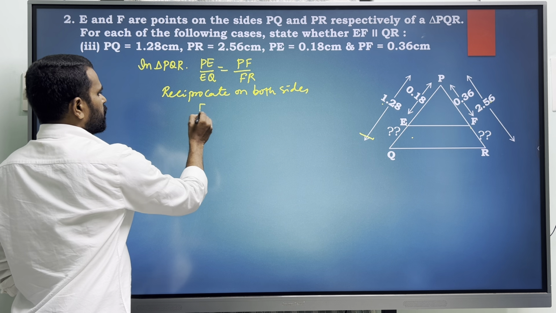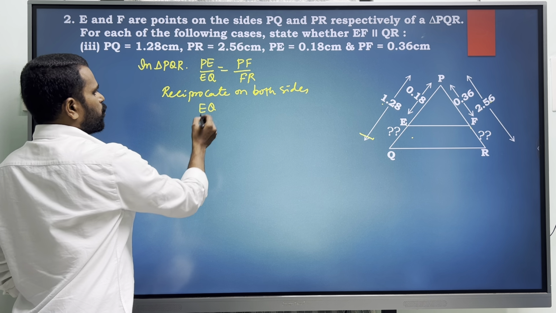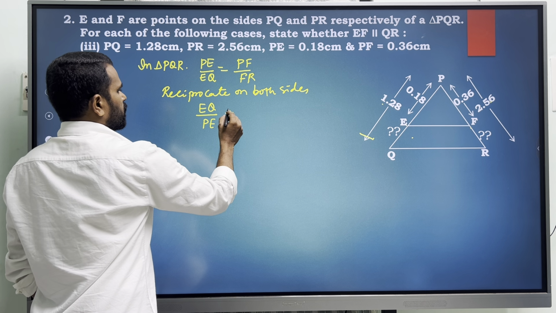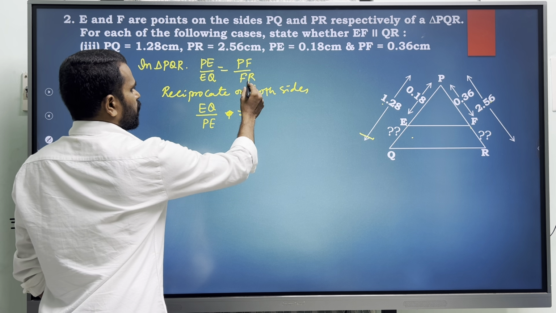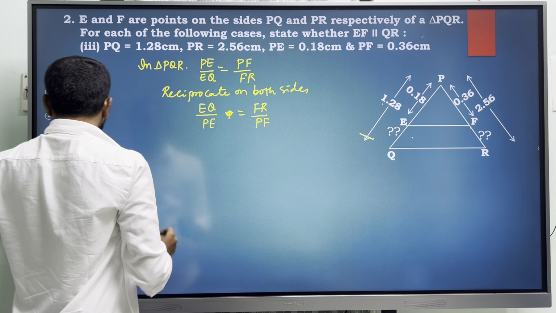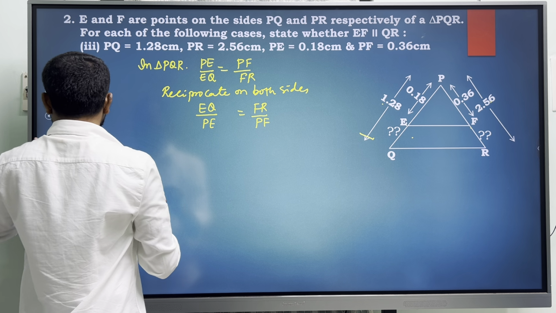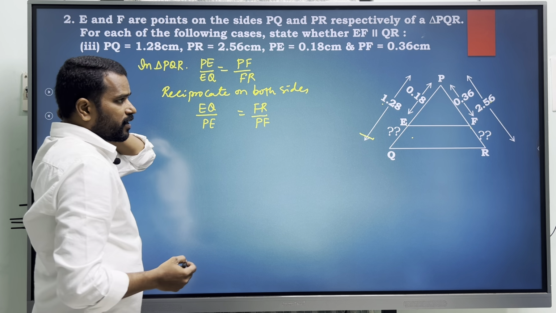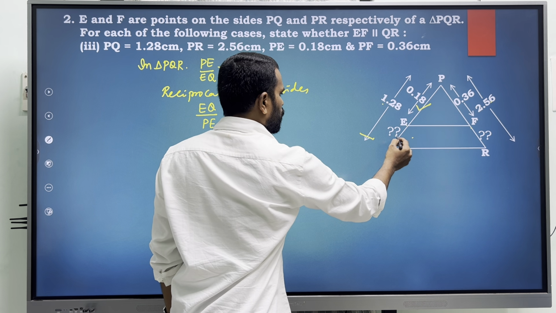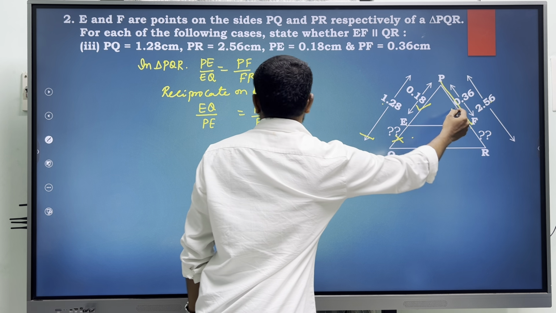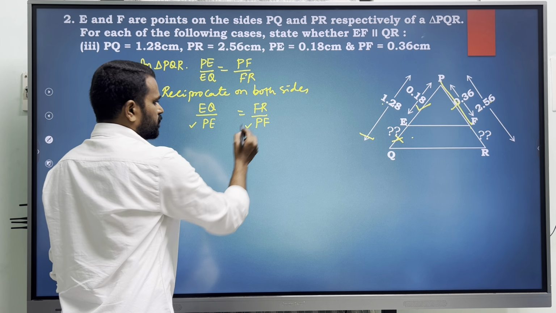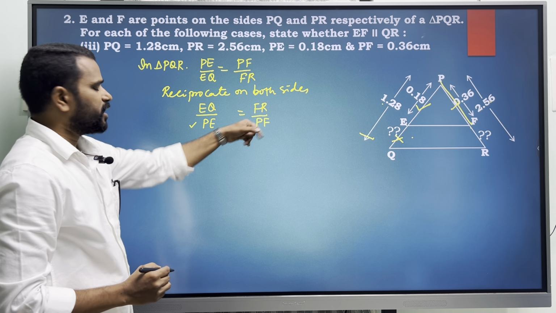So PE by EQ becomes EQ by PE, equal to FR by PF. Why are we reciprocating? Because here the PE value we know, but we don't know EQ, and the PF value we know.